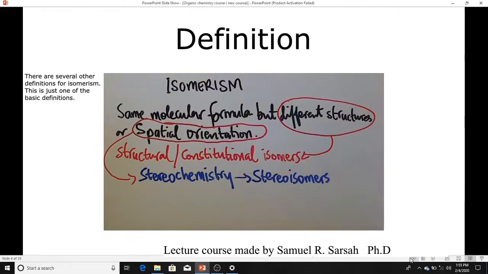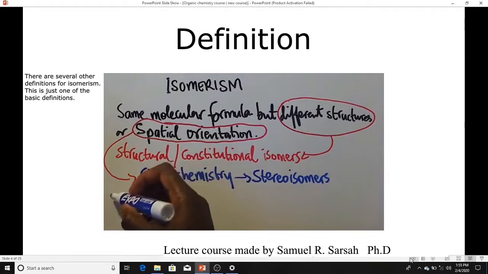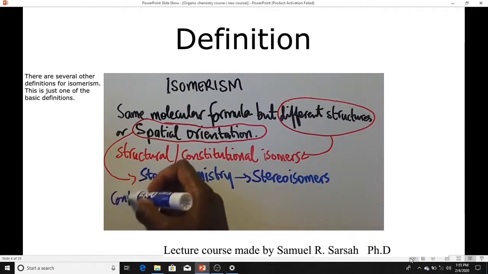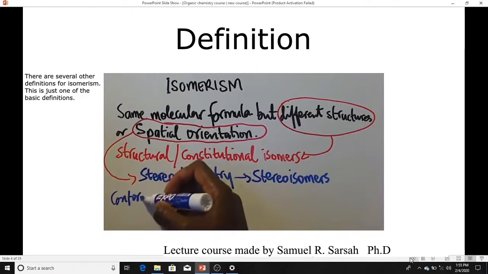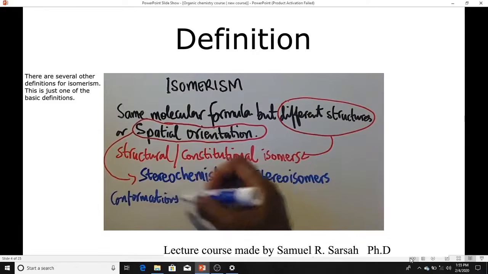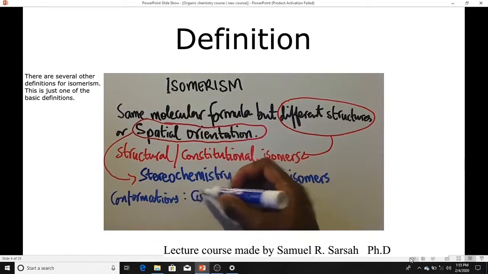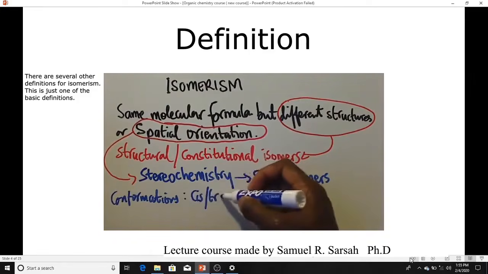And you'll come across words like conformational isomers, such as, and these we talk about cis-trans isomerism.